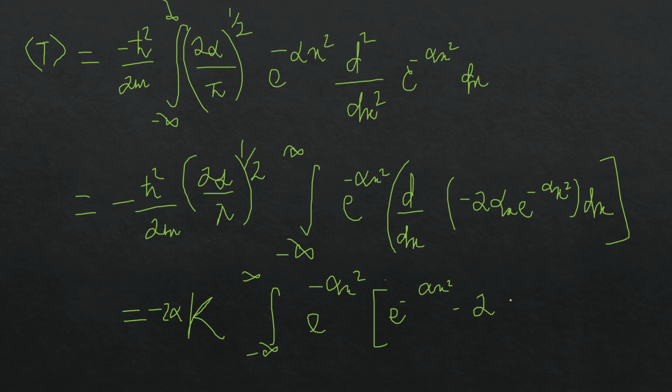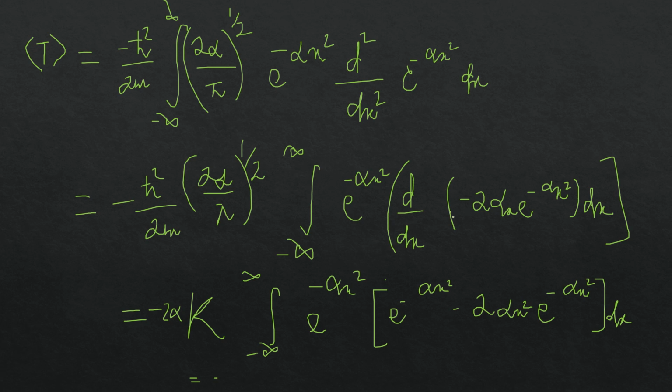Minus 2 alpha x square e to the power minus alpha x square. Do the derivative yourself, integration, derivative, everything. Now what can I do? I can take the e to the minus alpha x square as common.